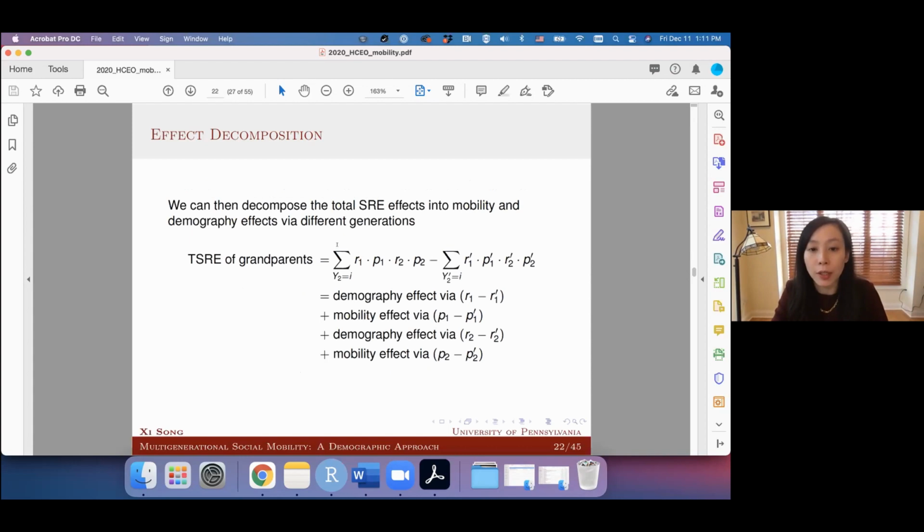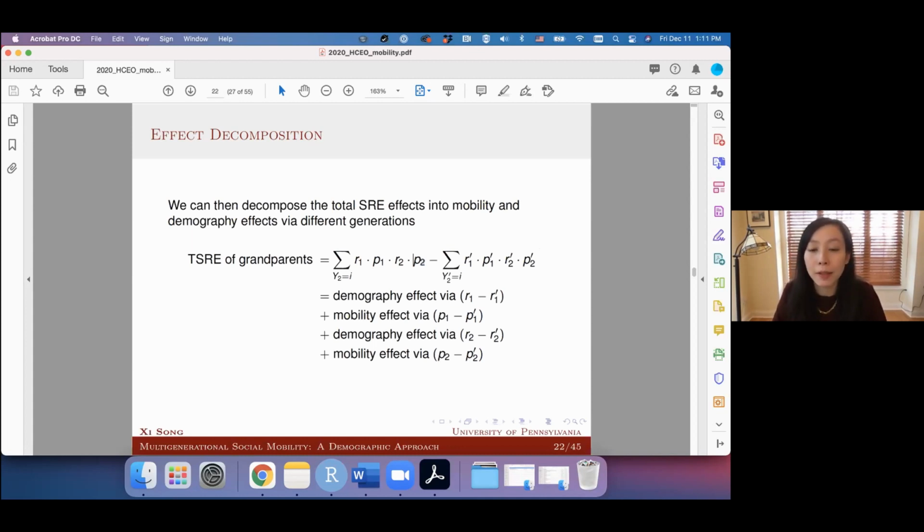For each family, the total number of grandchildren depends on the reproduction or fertility of the grandparent generation, then the mobility from the grandparent generation to the parent generation, then the fertility component of the parent generation, and finally the mobility probability from the parent generation to the offspring generation, or the 3rd generation.